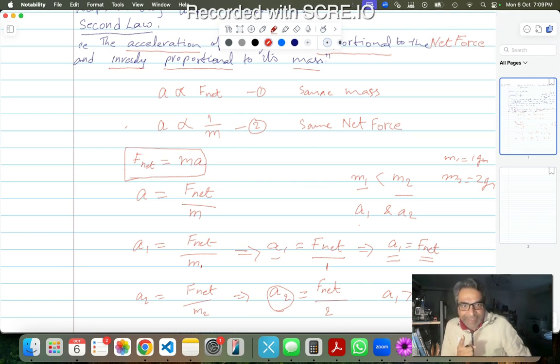Net, yes, definitely. Overall, yes, that's the net force, because for an object, as you have seen, there are many forces acting simultaneously. Which force do we have to consider?